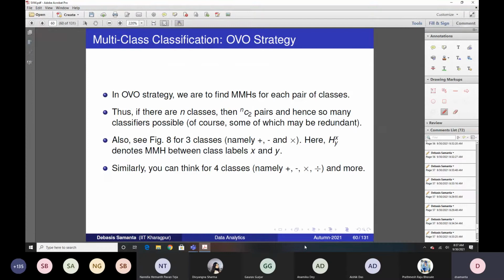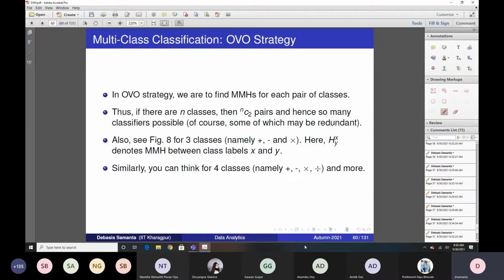You are given training data with multiple classes, say plus, minus, and star. These are the three class labels. The strategy is that out of this training data, only consider the data which belongs to the plus and minus classes.